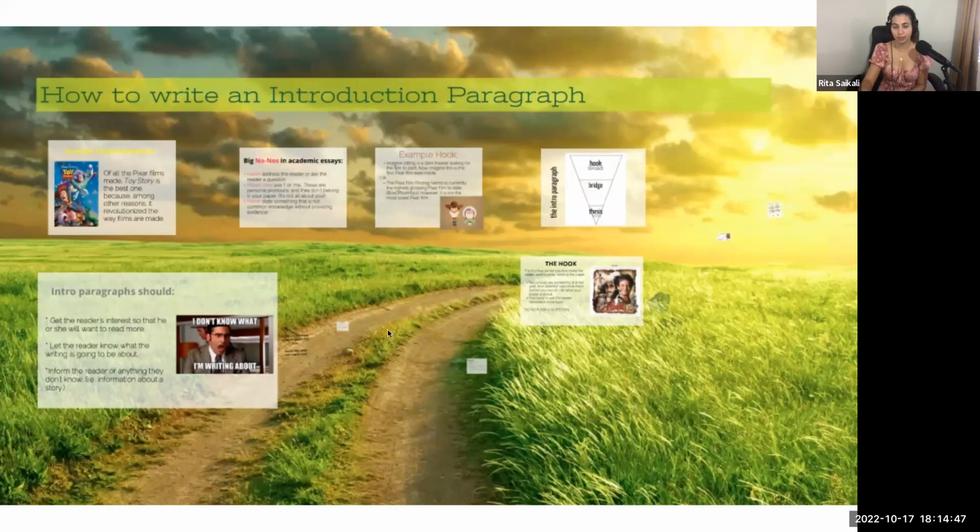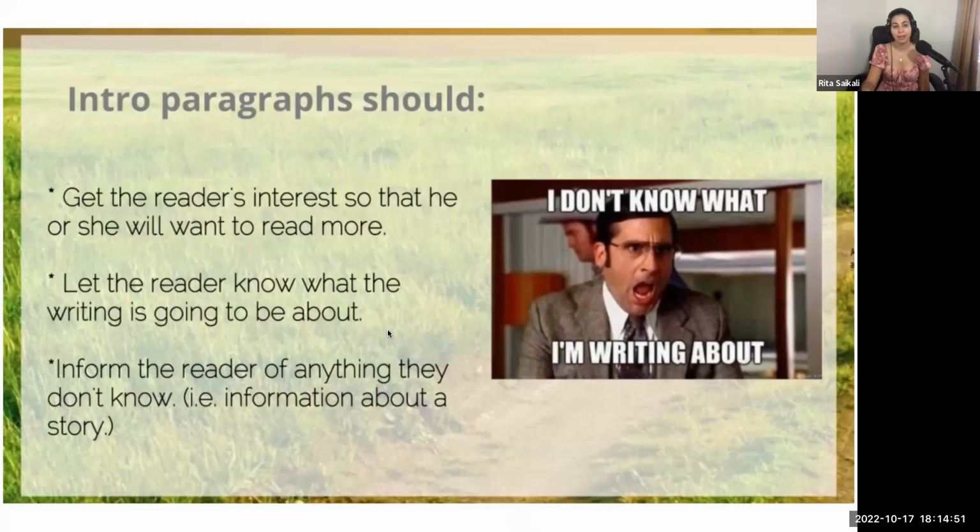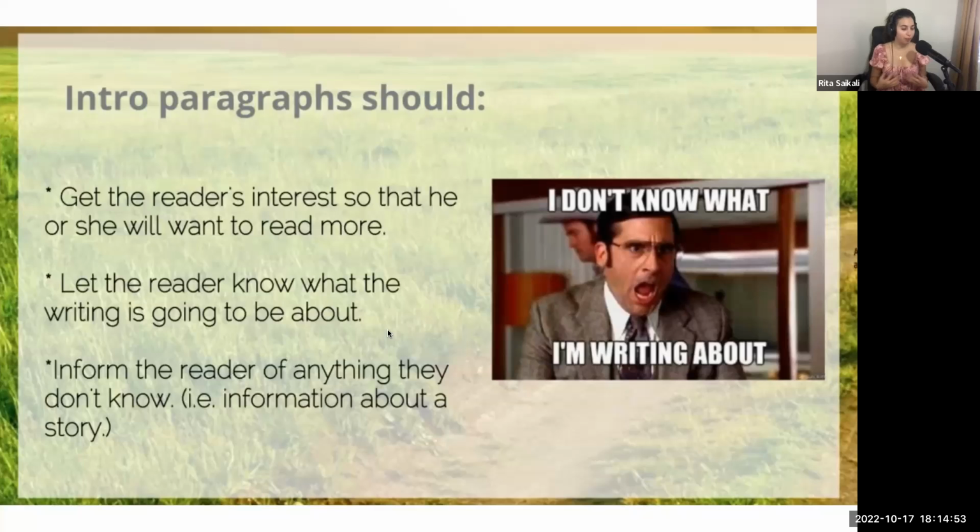Cool. So let's get started with how to write an introduction paragraph. What you want to do with an introduction paragraph is get the reader interested and tell them what it is that you want to talk about. First, you want to get the reader interested so that he or she will continue reading.